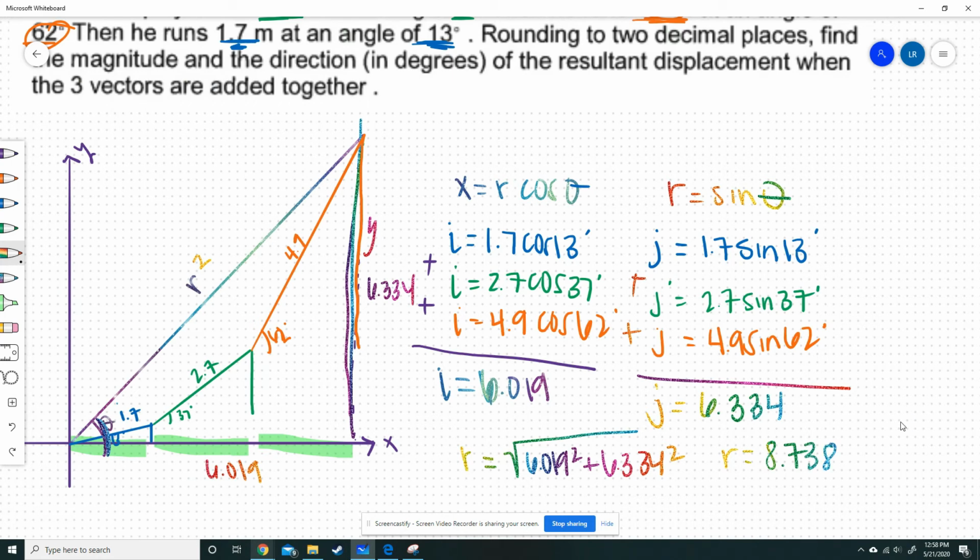That is the distance. So our resultant vector, we need the magnitude and the direction. So our magnitude is 8.738.